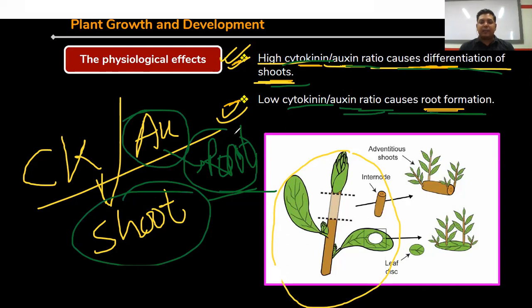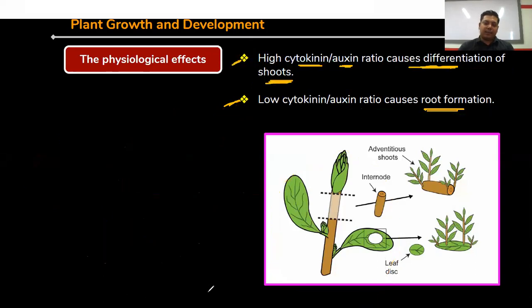This is a very important concept, and it is applied in every biological laboratory throughout the world. Cytokinin and auxin are mixed in a ratio, and these ratios are applied in several laboratories. Clear?